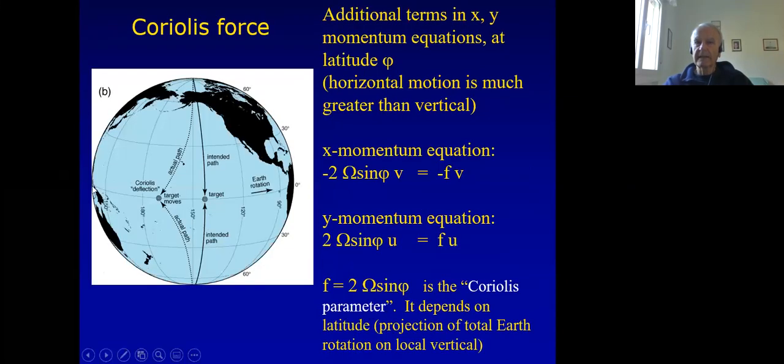This is the so-called Coriolis deflection. And here is how it looks like. From the North Pole, if you give a push to the particle southward, it will be deflected to the right, and in the southern hemisphere, it will be deflected to the left.